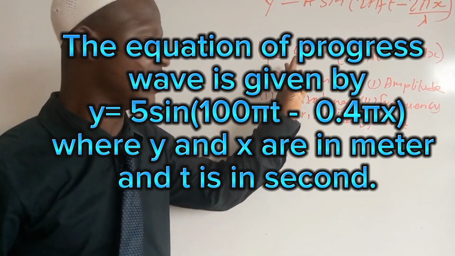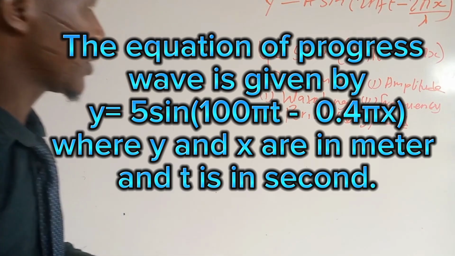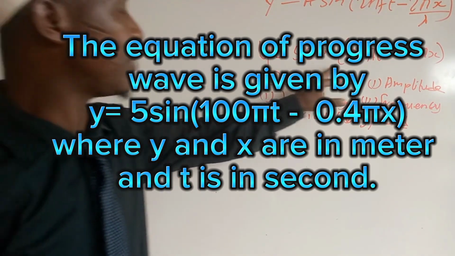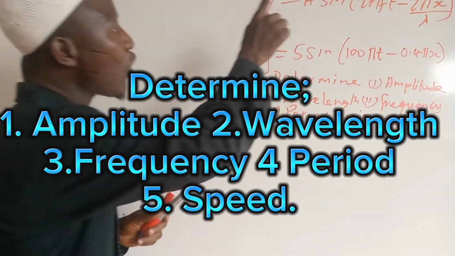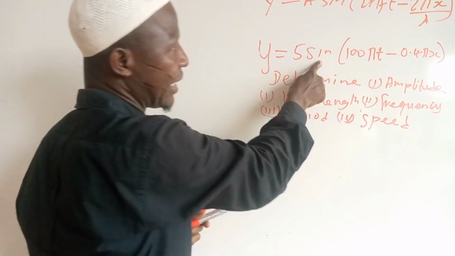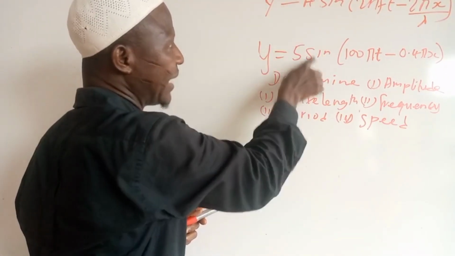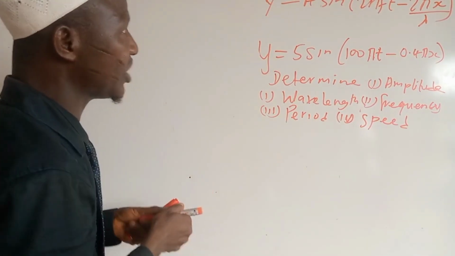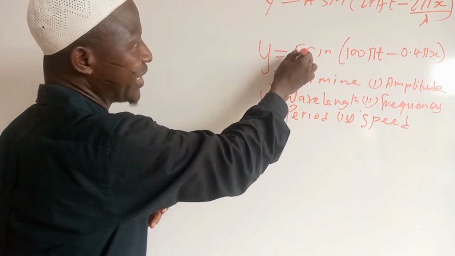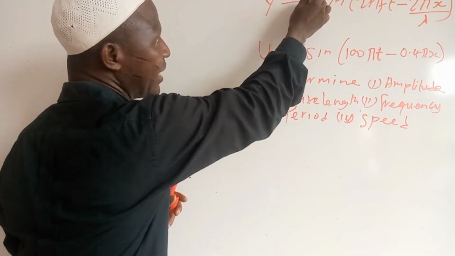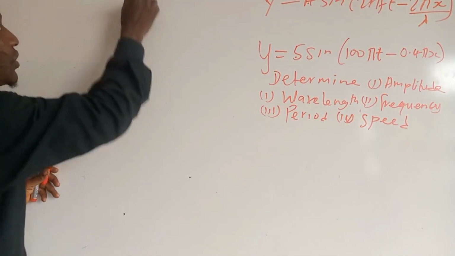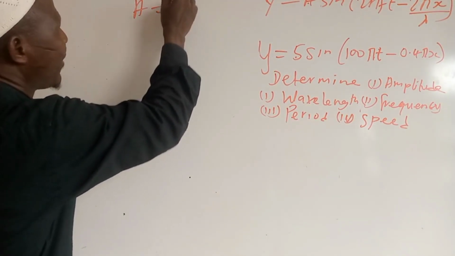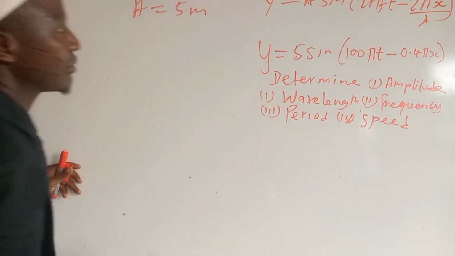Look at the question like this. The question says this equation represents what? The equation of progressive wave. So we now compare this and this together. If you look at it, you see that this 5 is in place of this A. Therefore, for question number 1, the amplitude is equal to 5 meter.